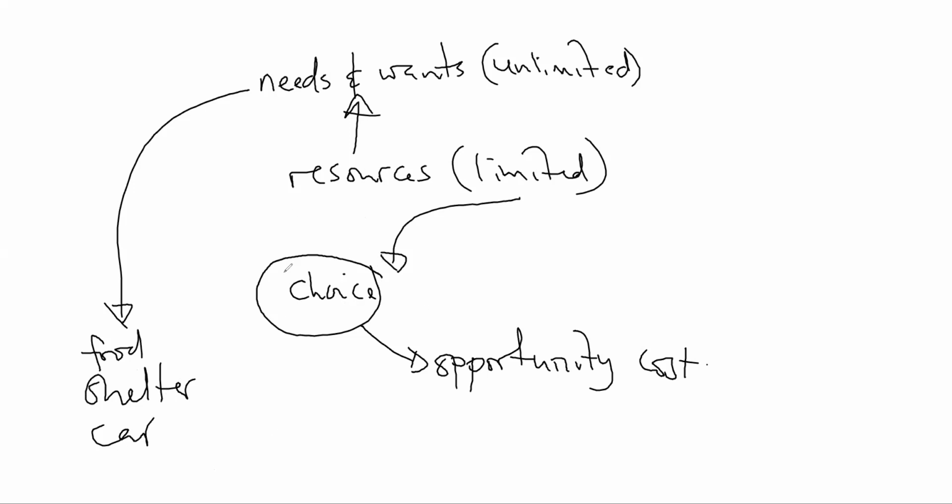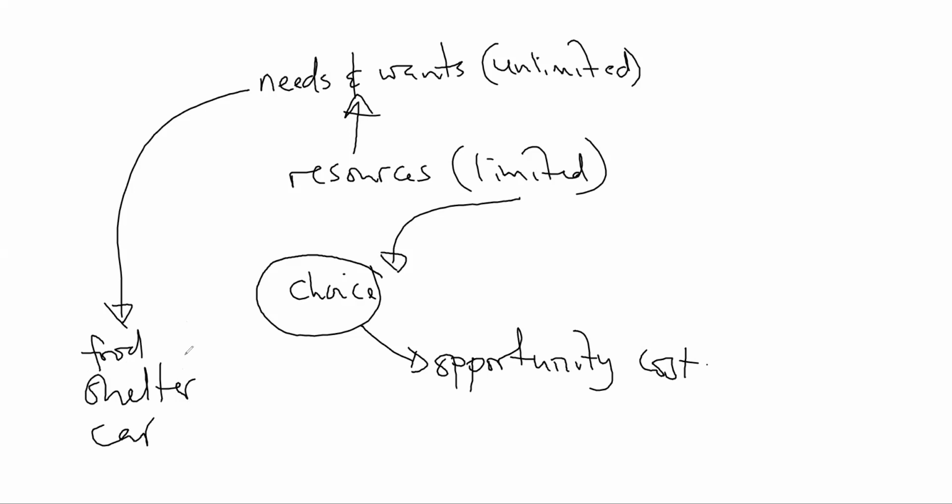Whenever we make that choice, whether to produce food or shelter, then we can talk about opportunity cost. So the opportunity cost of producing food, you look at whatever you are not getting. If you produce food, what is the best thing that you're not getting? You're not getting shelter. So the opportunity cost of producing food is expressed in terms of the next things that you could have been getting.